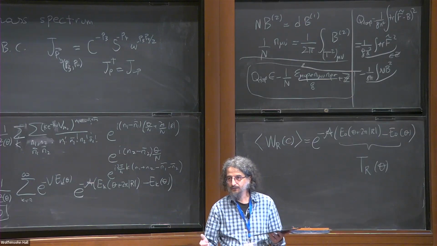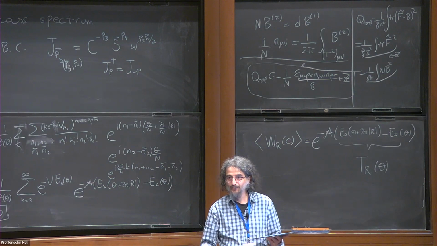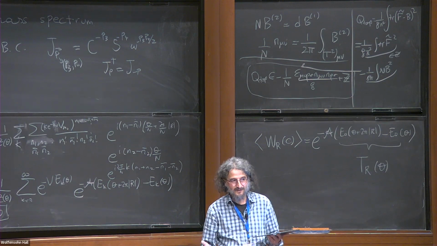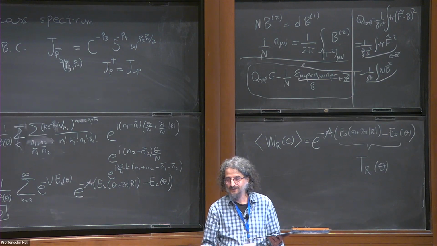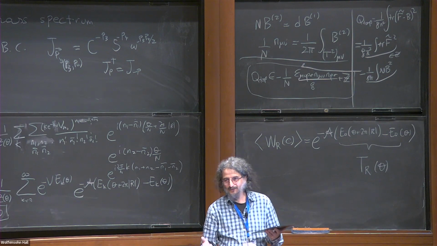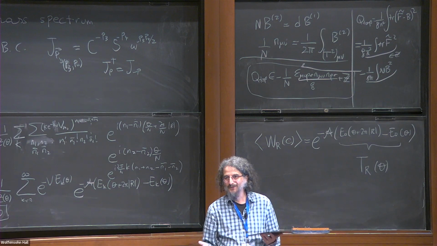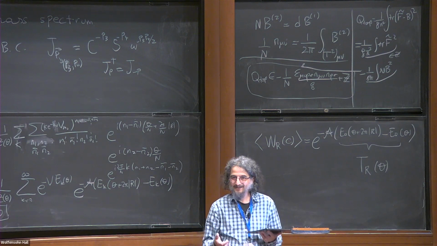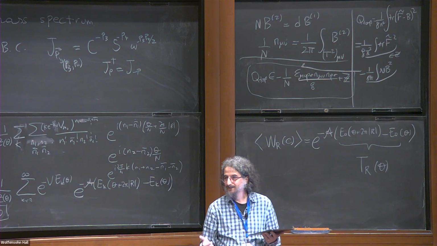But on R3 cross S1, it was the monopoles. Both of them have fractional topological charge 1 over n. But they are genuinely different things. They have different mutual statistics with the Wilson loops. It tells you that something more interesting is going on here. It is an open problem to understand what is really happening precisely here.